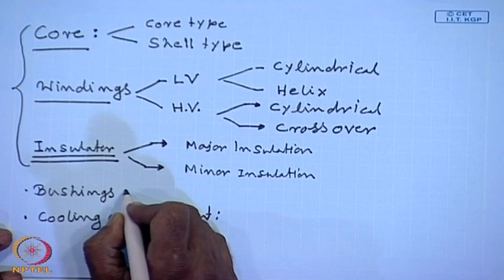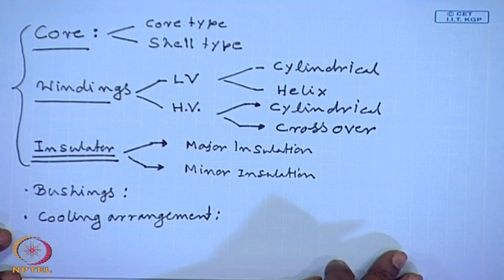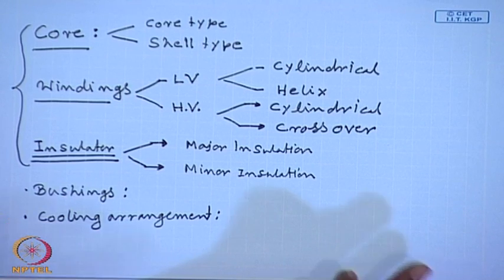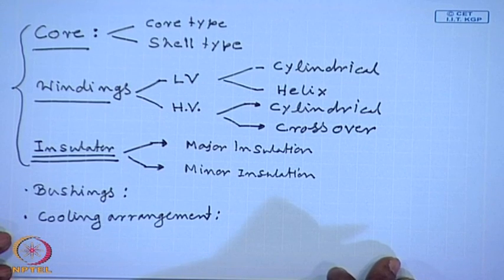For small transformer, separate cooling arrangements are not provided. The cooling is provided by the tank itself in which the transformer is placed. For large transformer, they are usually immersed in transformer oil, so that heat can be extracted from inner parts of the transformer, that is the core and the LV winding which is inside the HV winding.